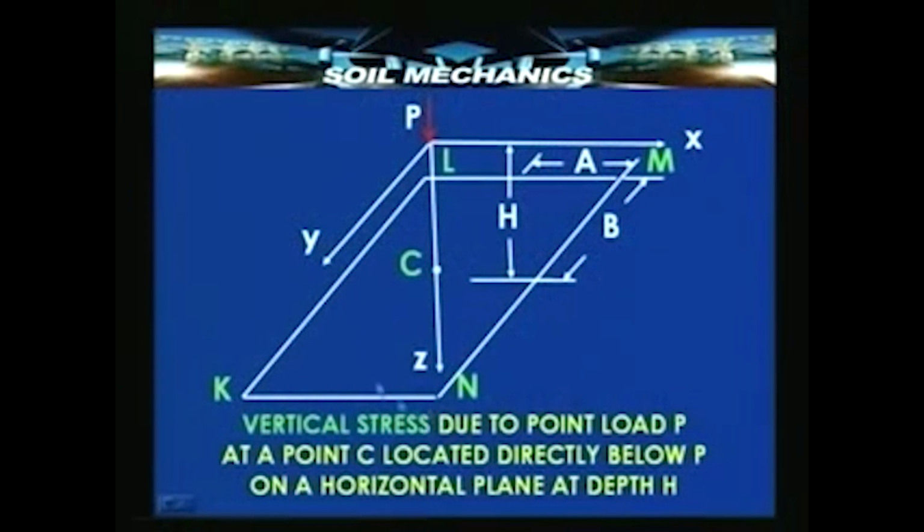That means this is the schematic which can be used for determining the vertical stress due to a point load P at any point C directly beneath P, but on a horizontal plane of finite dimensions.